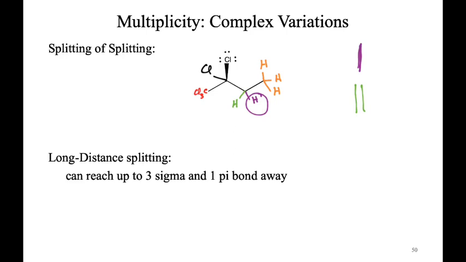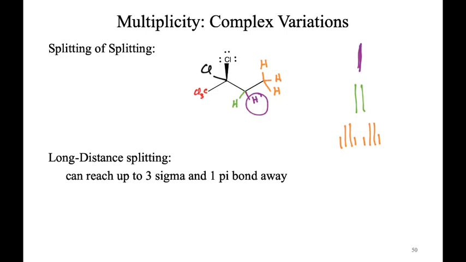Which is 6 total. So each of those doublet peaks has to split into four. Okay. What would we call this now? This is a doublet of quartets, because there's two sets of quartets.